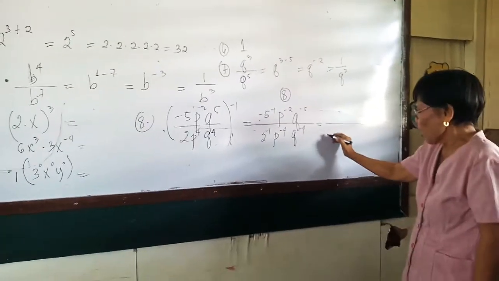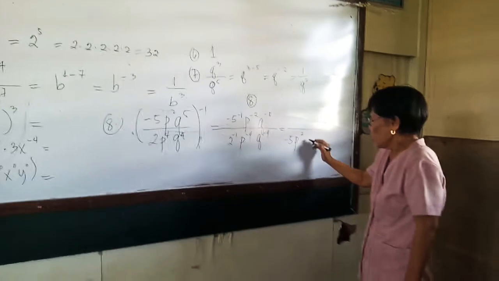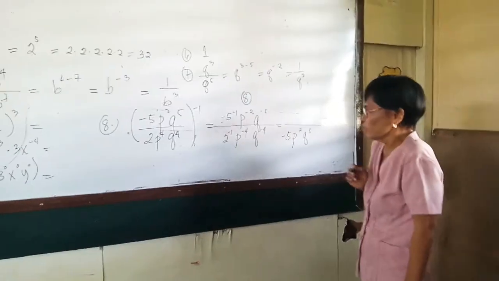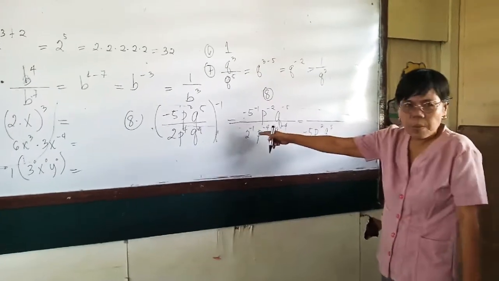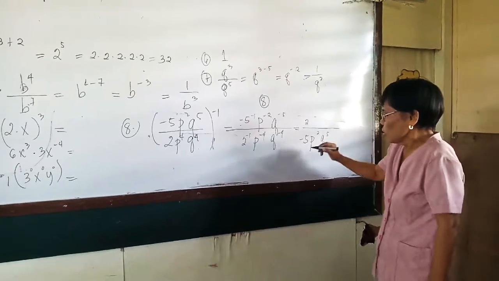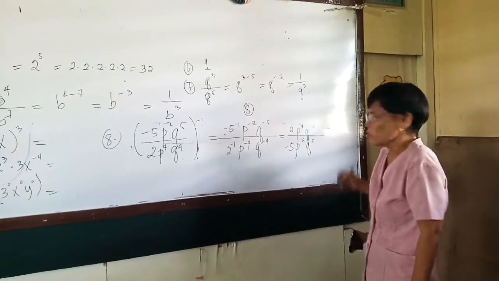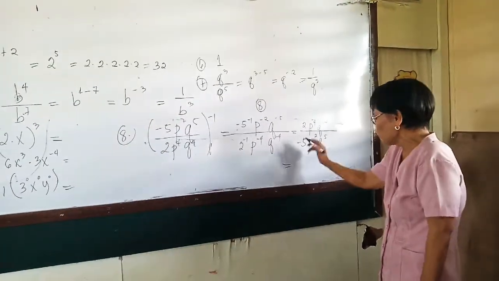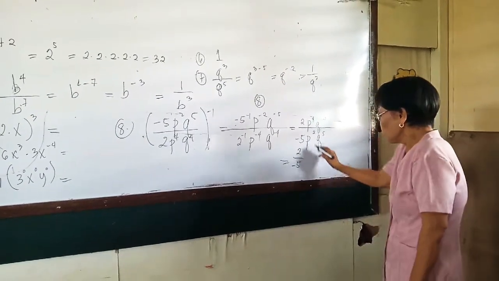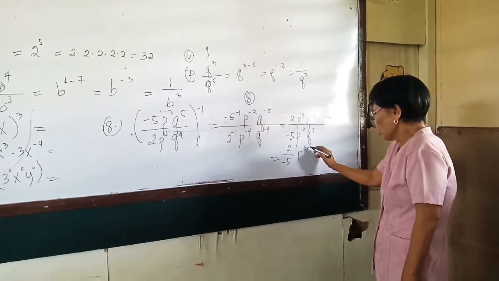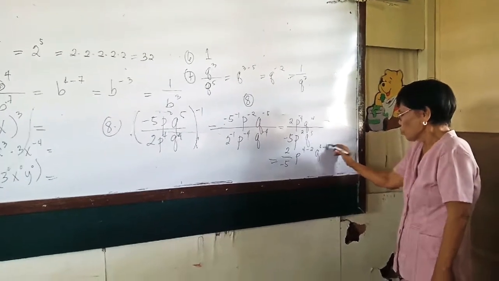So it becomes negative 5 p squared q to the 5. Since this is negative, you are going to raise it up. So it becomes positive. So it becomes 2p to the fourth q to the fourth. Okay, equals 2 over negative 5 p to the fourth minus 2, then q to the fourth minus 5.